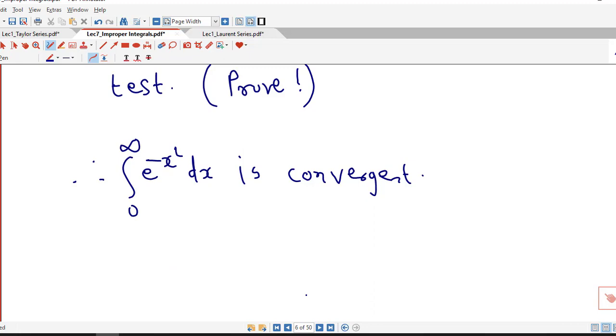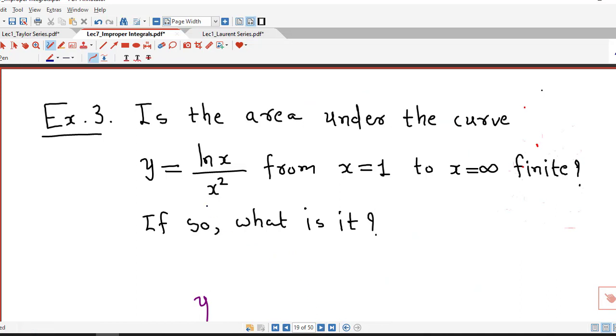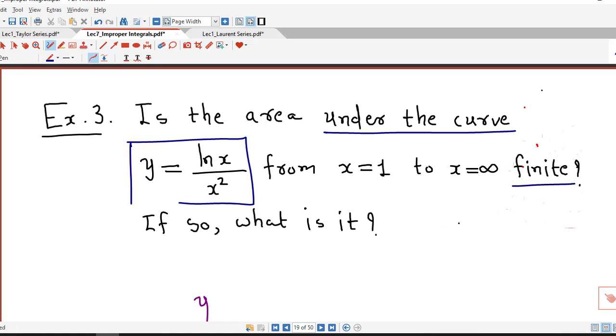Okay, so we consider one more example. Here we are asked to check whether the area under the curve y equal to log x over x square from x equal to 1 to infinity is finite or not, and if it is finite we are asked to find out the value of that area.